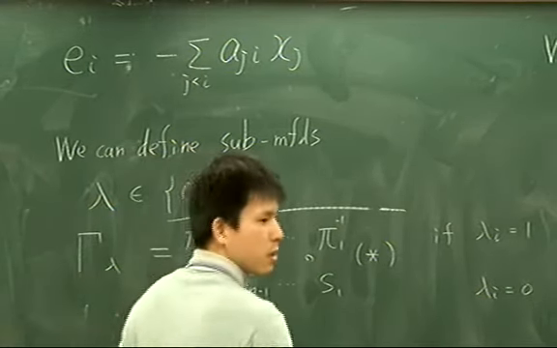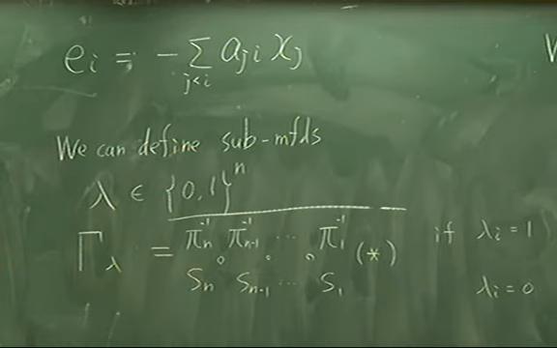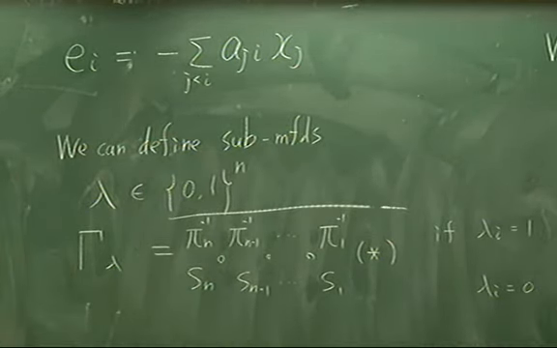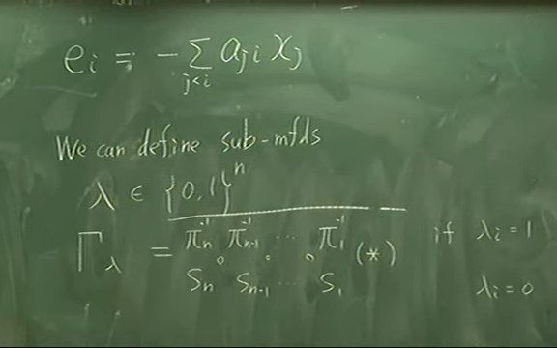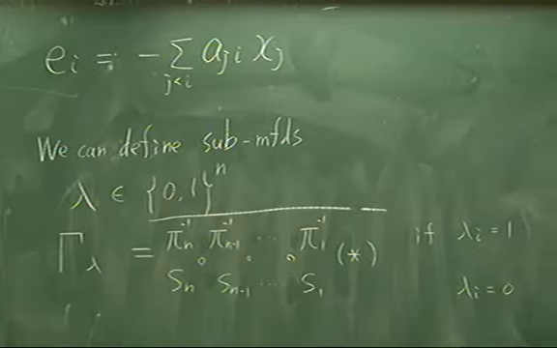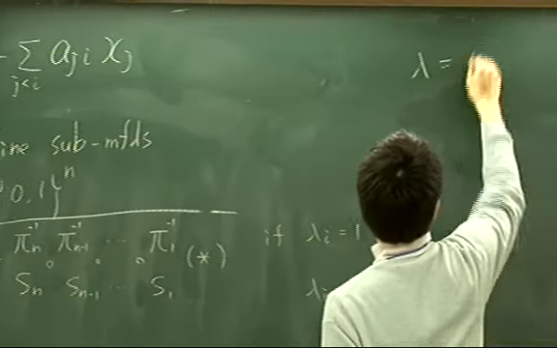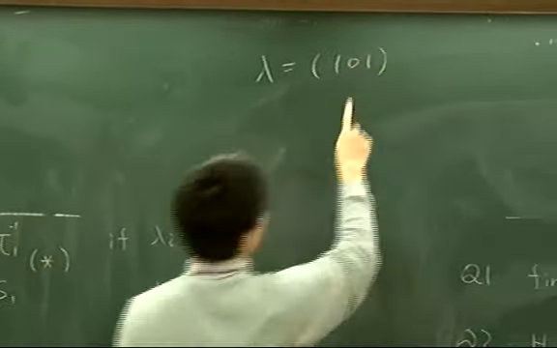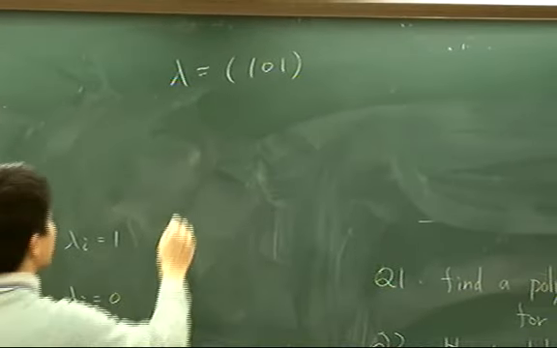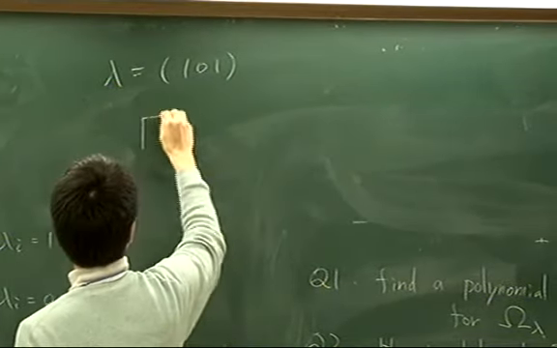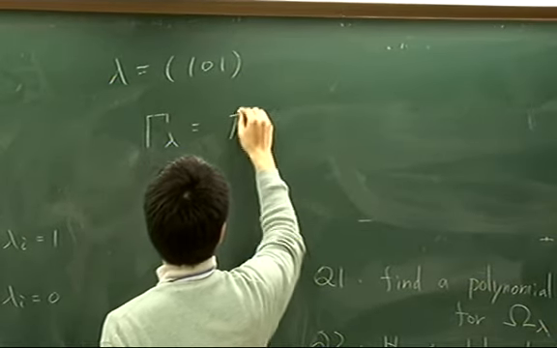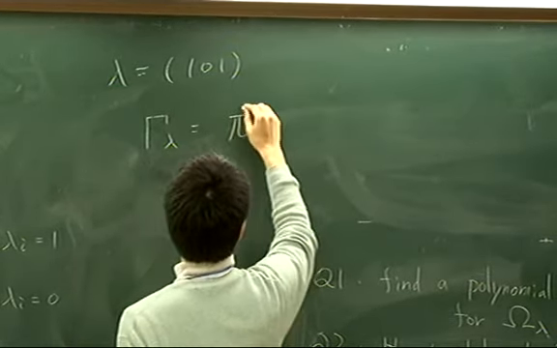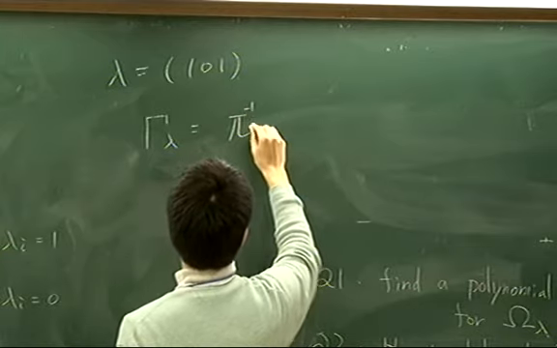Which one is the example of the lambda? Okay. So for example, if we write lambda in one line notation, then lambda is i inverse 3.